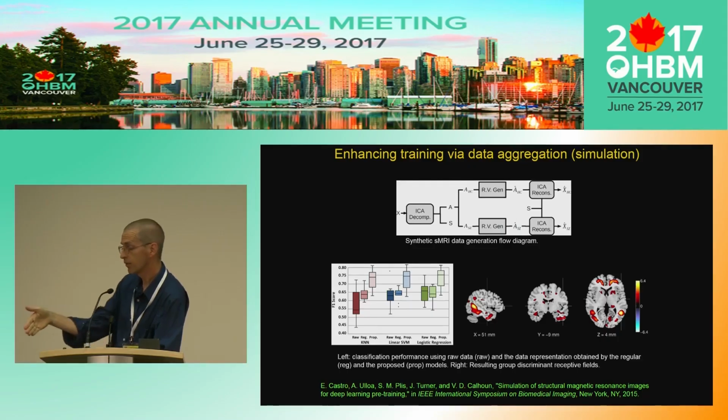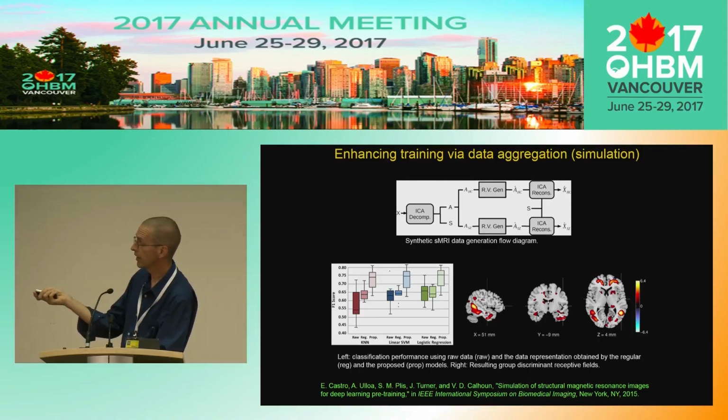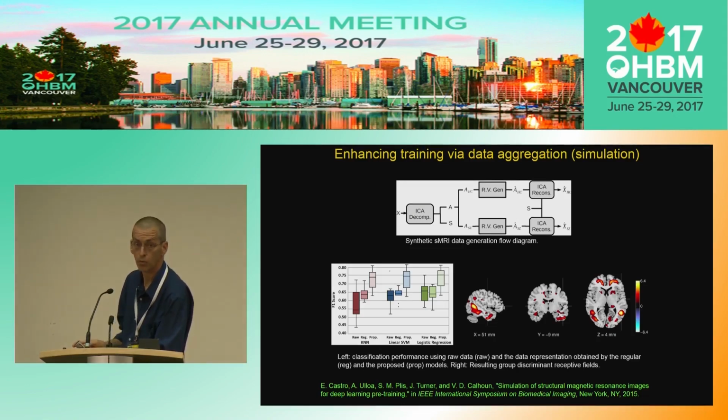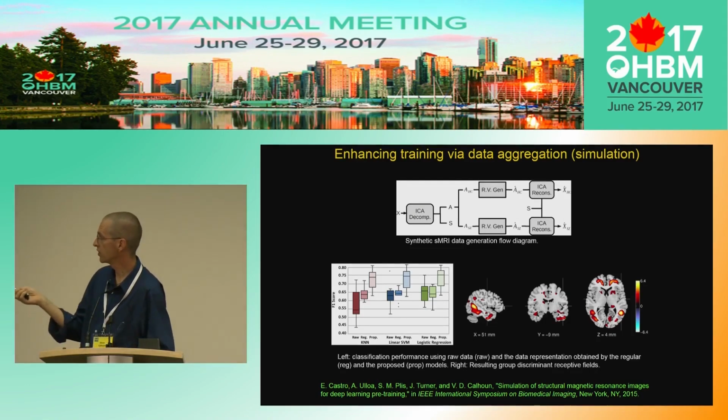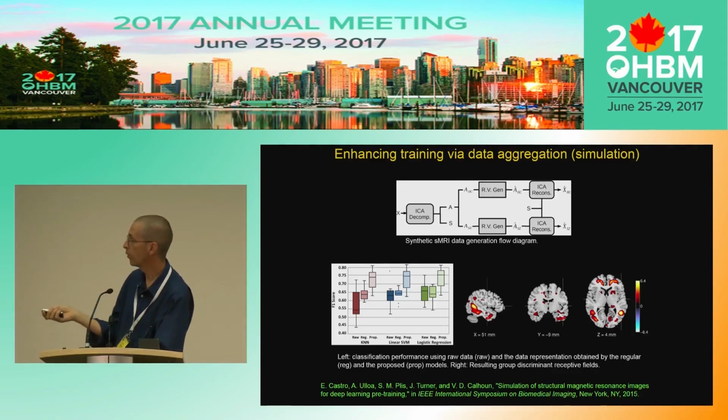So you estimate from that data, and then you generate other data from it, and you use that again to train your model, or at least get it close to where it needs to be. If you do that, it substantially improves your performance, in this particular example by about 10 or more percent. And this is just an example of one of the outputs that showed group discriminative regions.